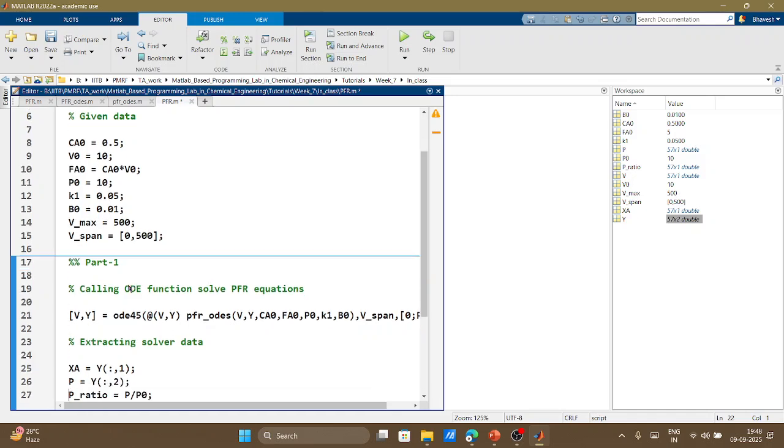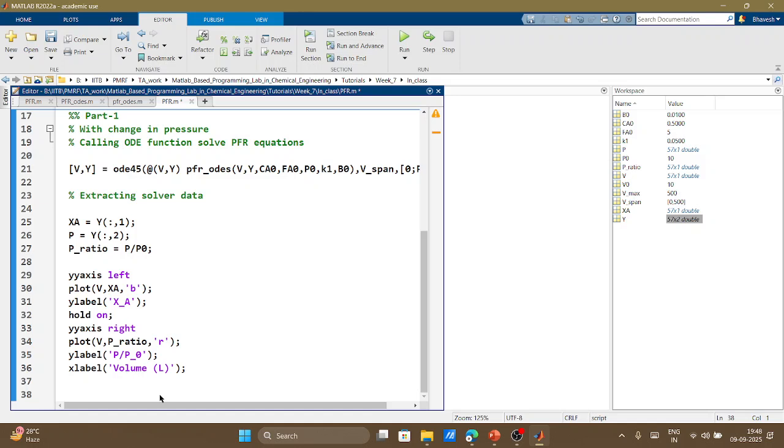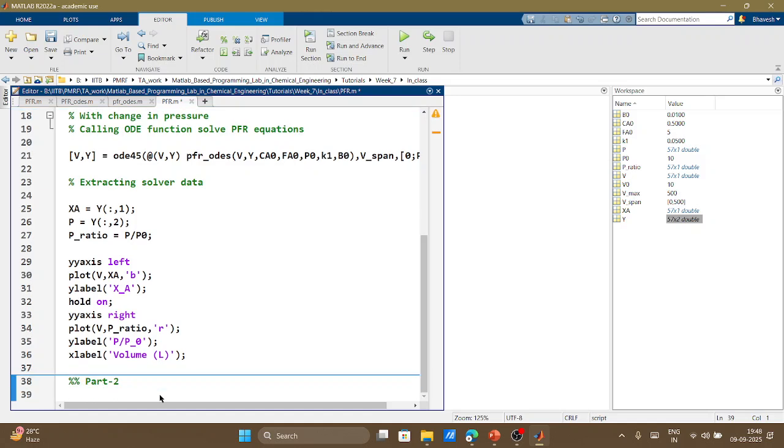Now part 2, which is without change in pressure.